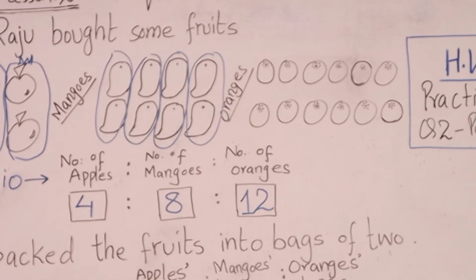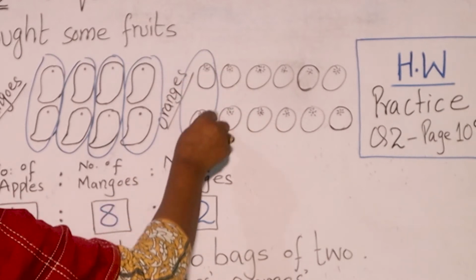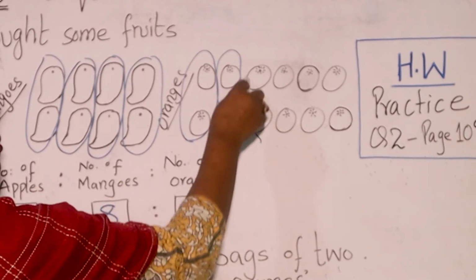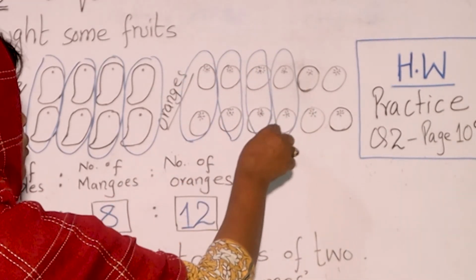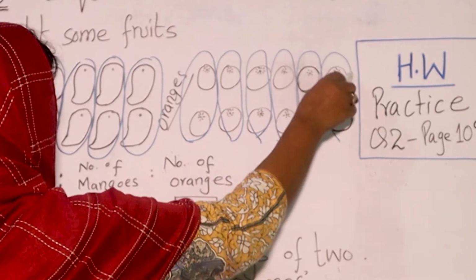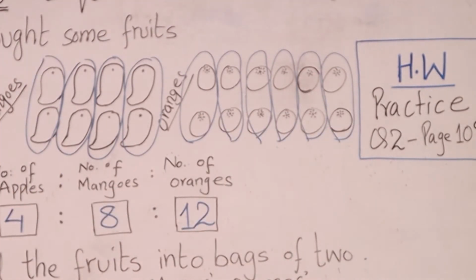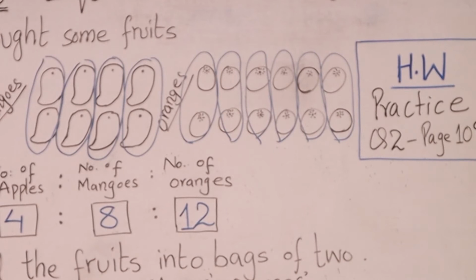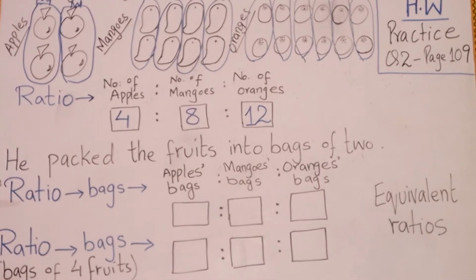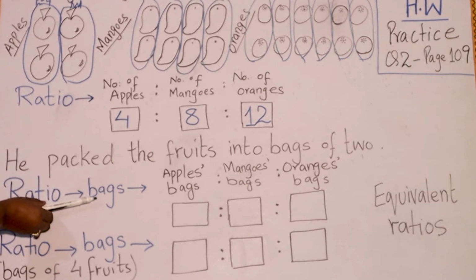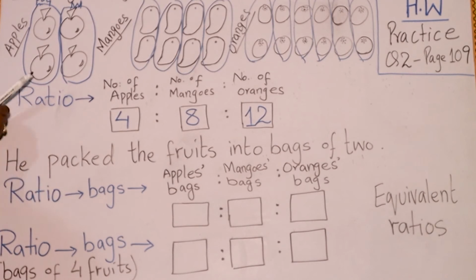And for oranges, he made 1, 2, 3, 4, 5 and 6. He made 6 bags.